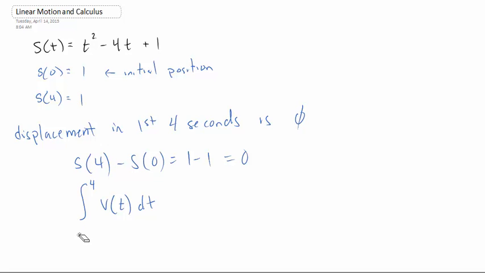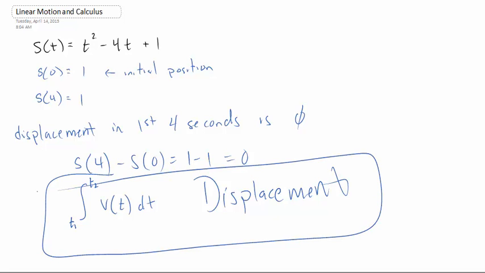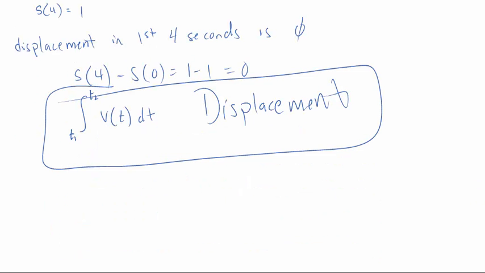So let's change these end values from 0 and 4 to t1 and t2. So in general, this is our displacement. Important. Okay, now let's go back to, that didn't even need any calculus, but I brought calculus into it.